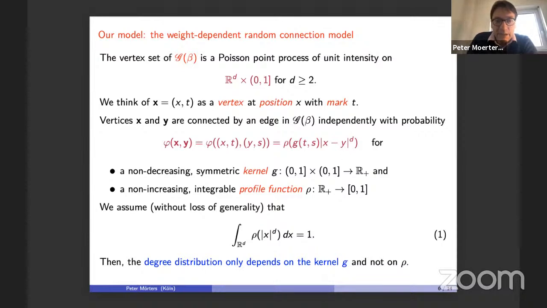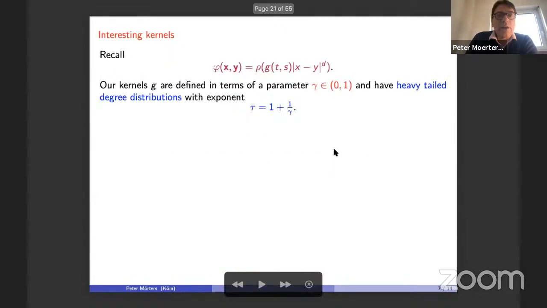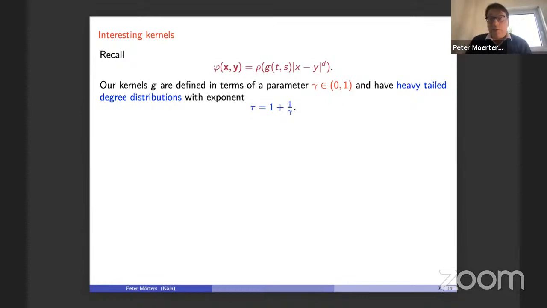Right, so this is the model, and it all comes to life when we look at examples. For the examples, the kernels g all have one parameter gamma, a number in the interval 0, 1, and gamma regulates the degree distribution.